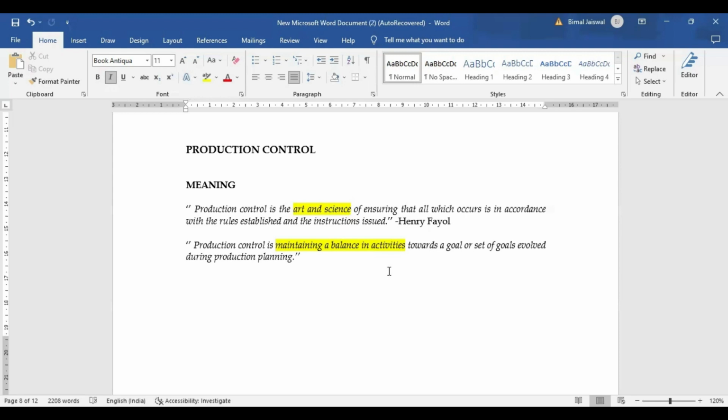That means we are going to take the help of both art and science concepts, and will try to ensure that all the plans, rules and regulations are followed during execution of the production activities. It is basically maintaining a balance in activities toward the goal or set of goals involved during production activity. Whatever goal we have set, there should be a balance.